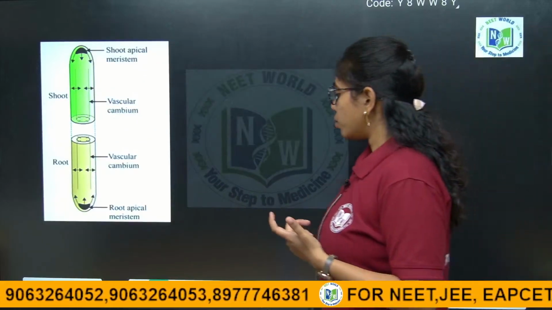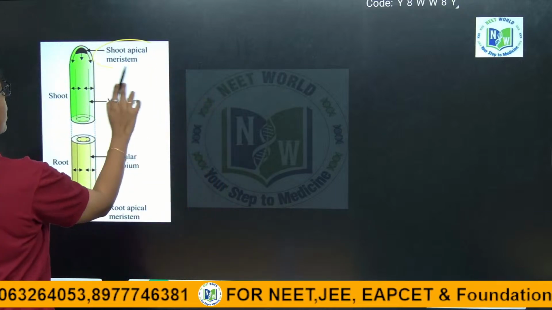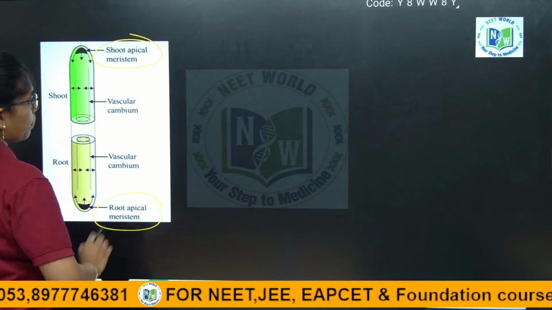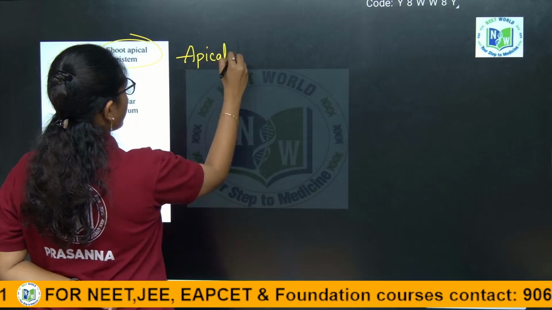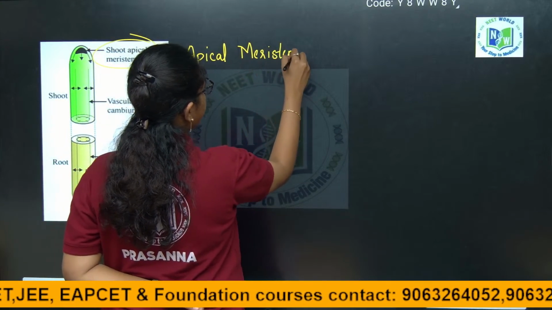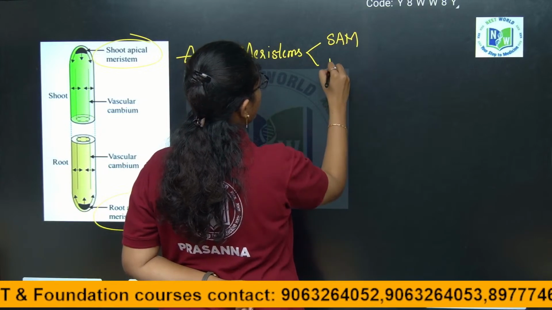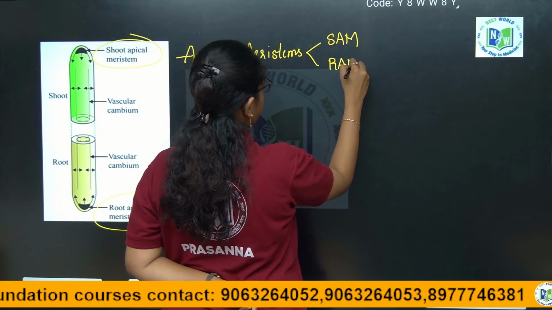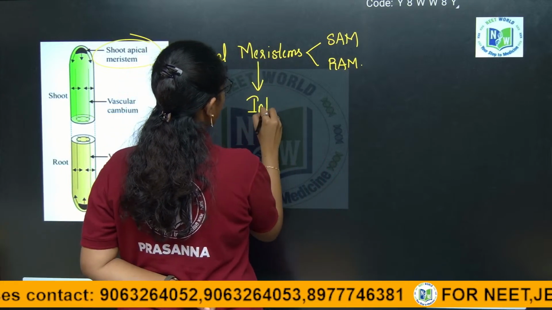If you look into the apical meristems, be it shoot apical meristem or root apical meristem, along with one more type, what are they?